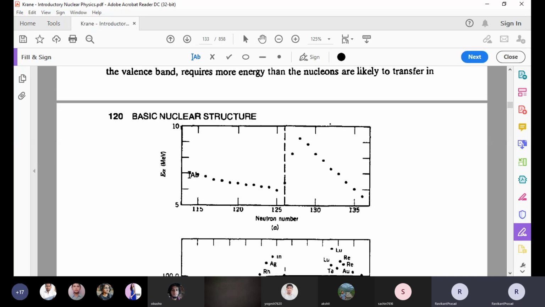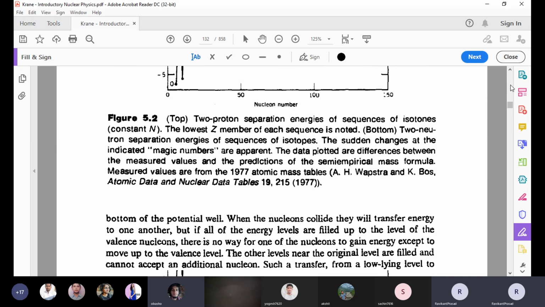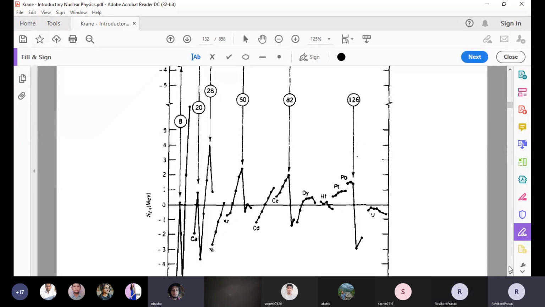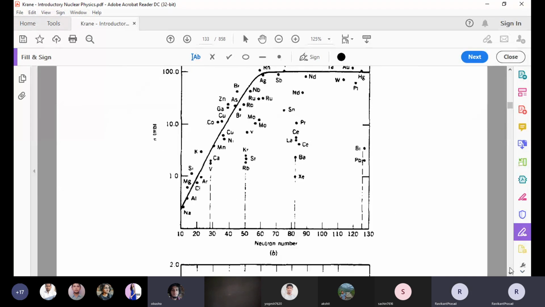Hello, sir. हाँ बोलो. I have a doubt. Like after 128, we saw in the other graph the stability falls. Which graph? For neutron capture? Means this one. I think ionization. For neutron capture and the previous graph, okay.